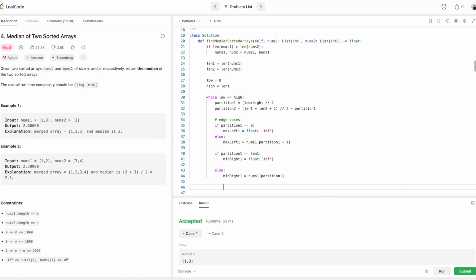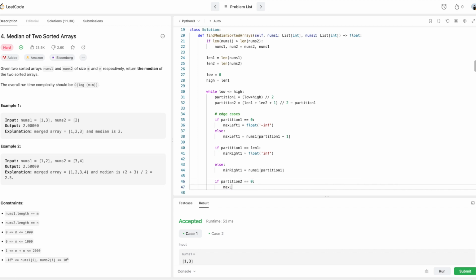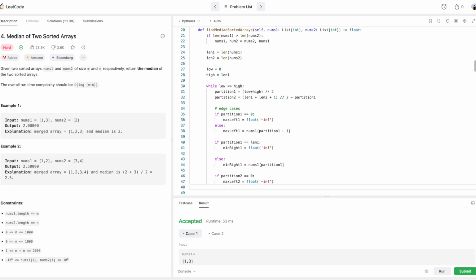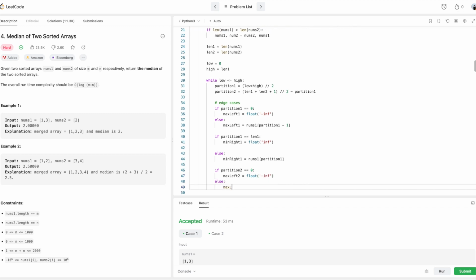And if partition 2 is equal to 0, then max left 2 equals float negative infinity, else max left 2 equals nums2 partition 2 minus 1. Also because of the index we need to minus 1.